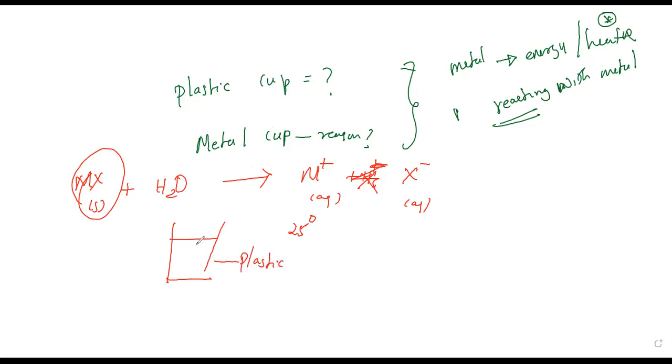This is very important. When you measure the water temperature, you measure only the temperature of the water, not the surrounding temperature. Once you add the MX solid, again you measure the temperature of the MX solution, not the surrounding.